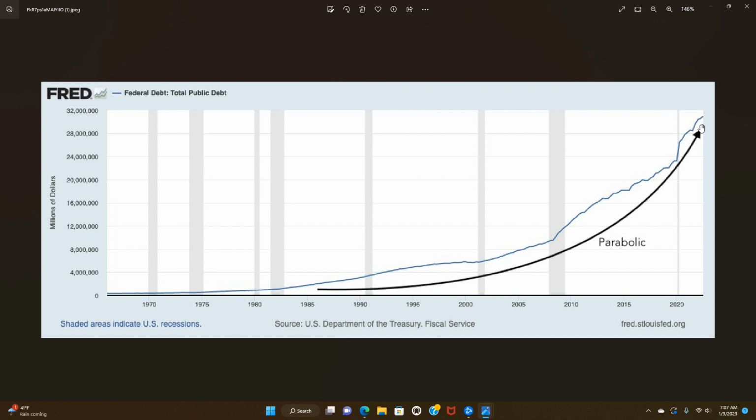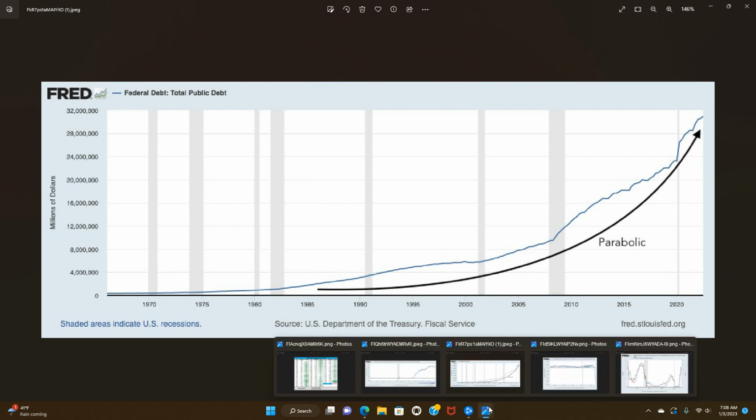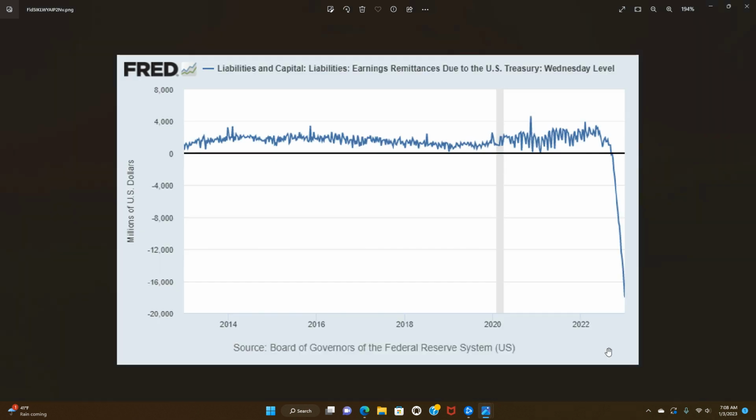But the significant point here is that it's being refinanced at higher interest rates, which actually guarantees that we have more inflation in the future because it increases the cost of government financing, and government spending is synonymous with government debt. If government financing goes up because of higher financing costs, then that increases the amount of spending that we're guaranteed to see in the future, which further leads to higher inflation. So that's an important thing to keep in mind.